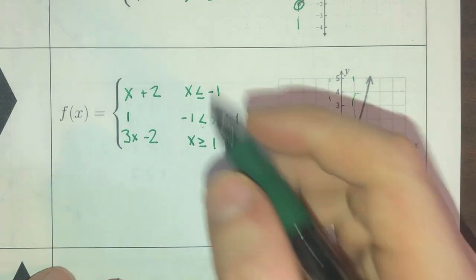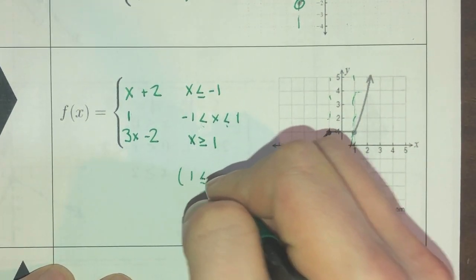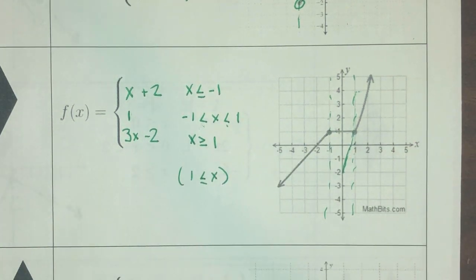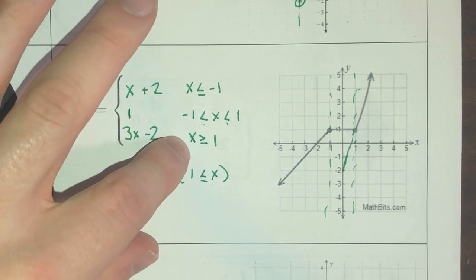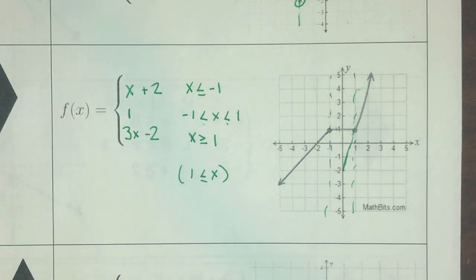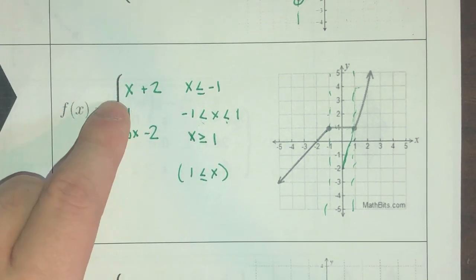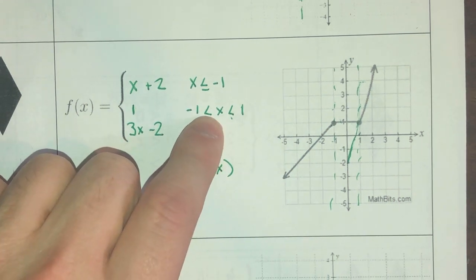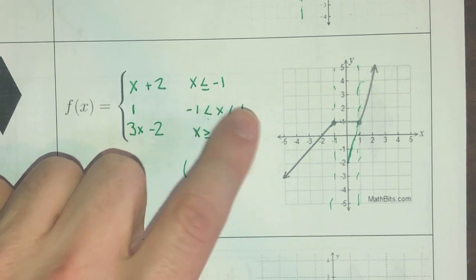If you wrote 1 is less than or equal to x, these are equivalent, that's all right. Look, I'm not looking to pick on you in terms of where you put the 1. That doesn't matter to me. As long as the inequality is equivalent, I'm 100% fine with it. I care more that you can tell me what the rules are, where it starts, and where it ends. Here, it matters. The x has to go between -1 and 1.